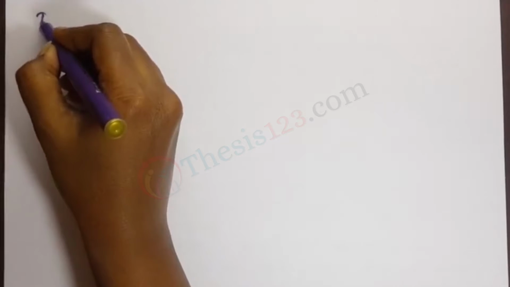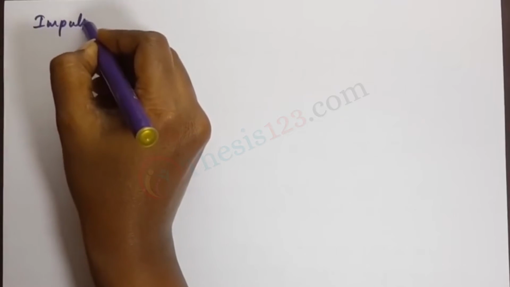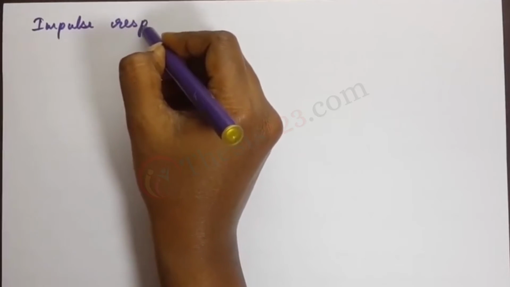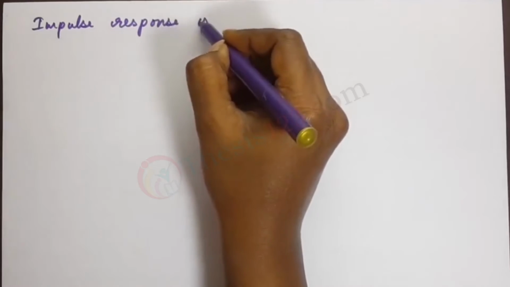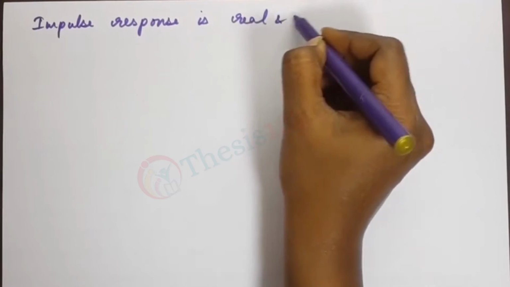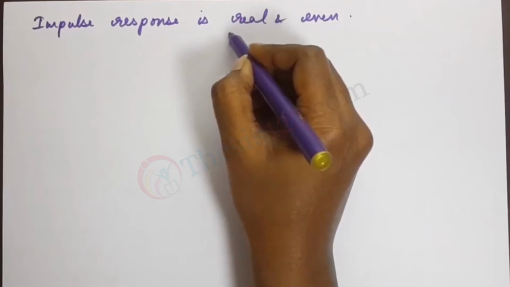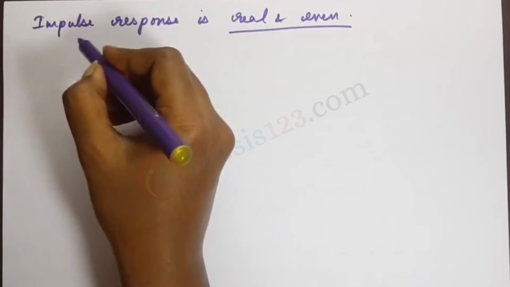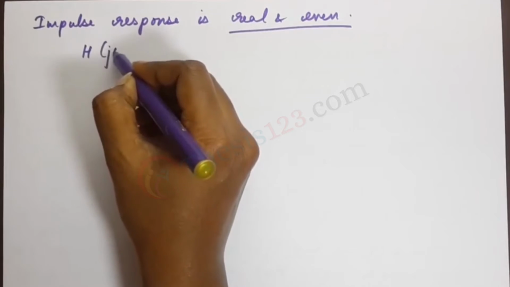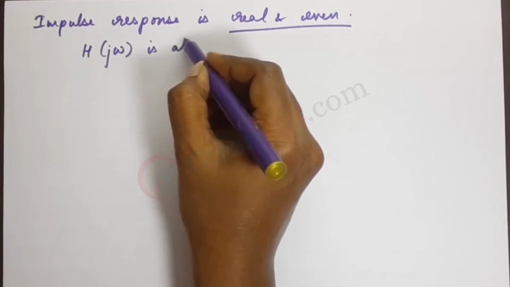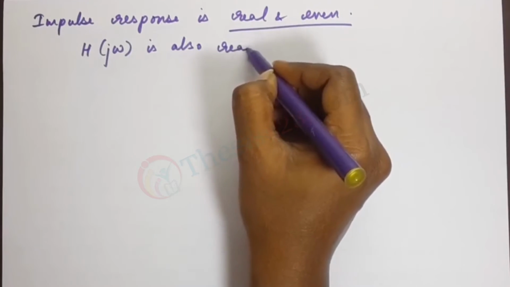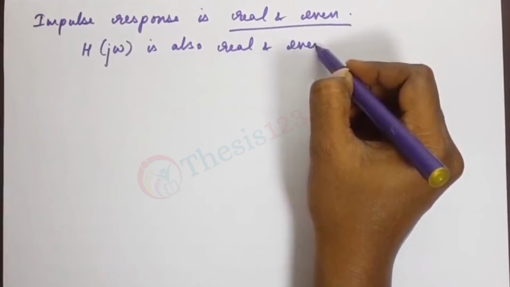Okay, so we begin with what's given, the impulse response. Now the question says that the impulse response is real and even. Now if it is real and even, that indicates that H(jω) is also real and even.